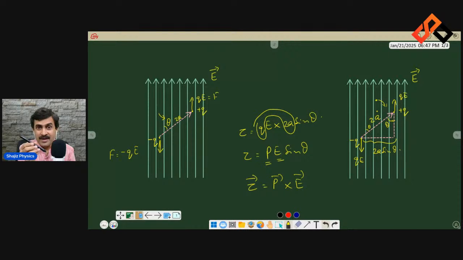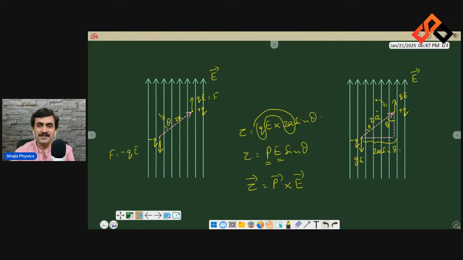So it has a tendency to go back and remain aligned parallel to the electric field. That is a natural tendency. So whenever you are rotating it through an angle theta, the work done by your end will be stored in that dipole as its potential energy, or more specifically, electrostatic potential energy.